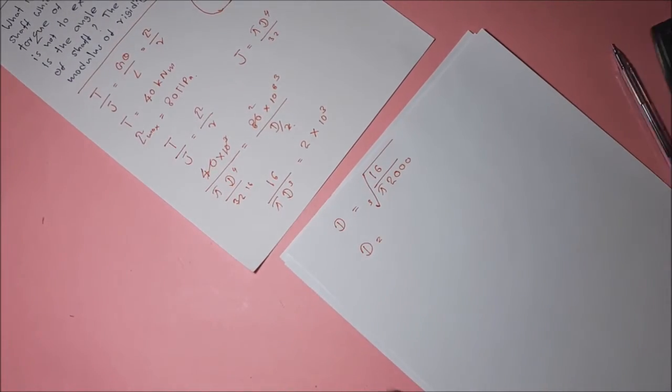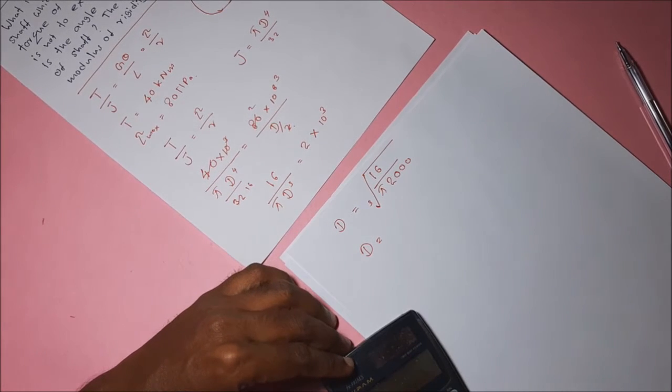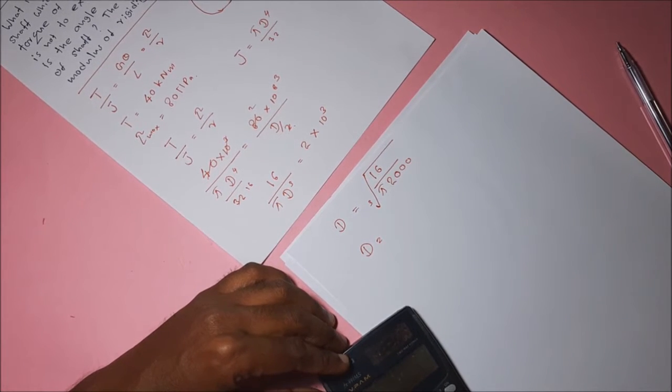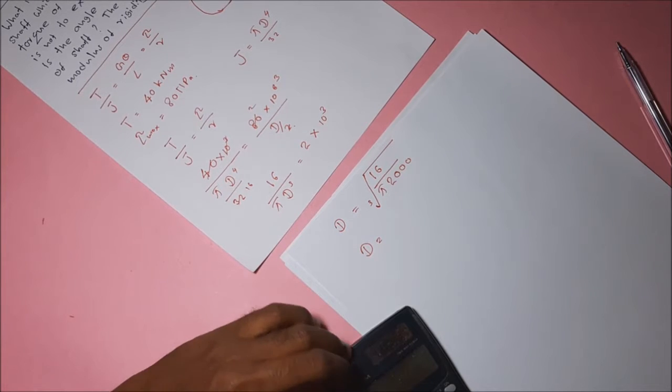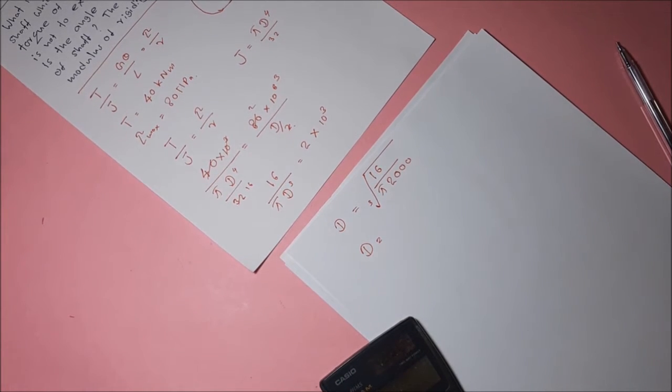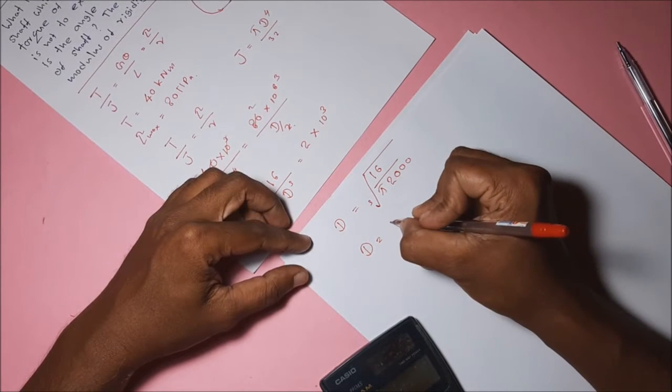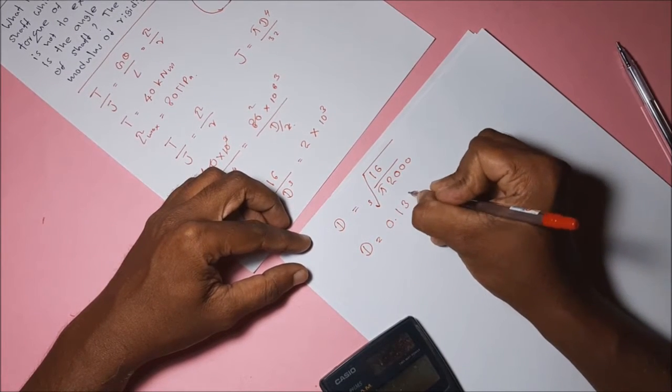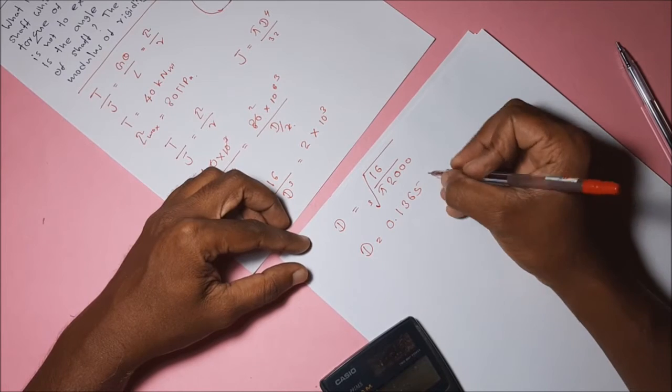Let me find the answer for this one. 16 divided by pi into 1000 into... 0.1365.